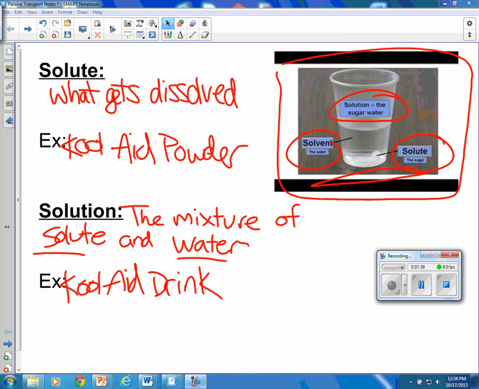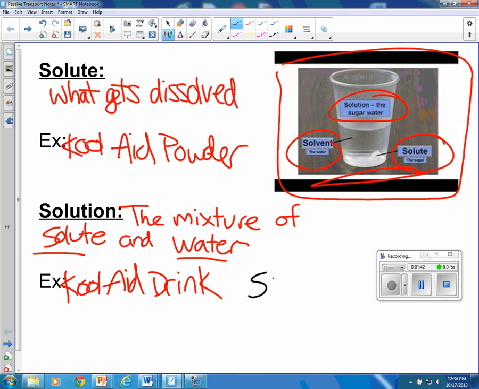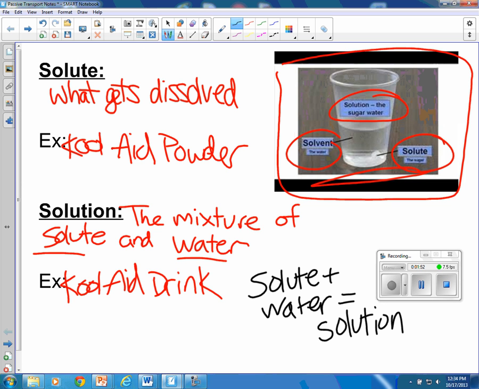So remember, solute plus water is equal to solution. When we're talking about solutions, we're talking about when it dissolves. That can be dissolved.